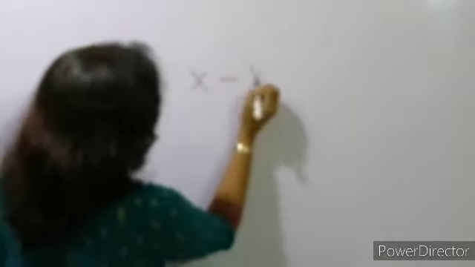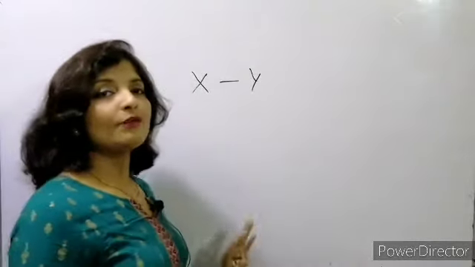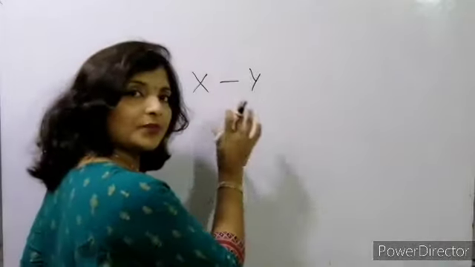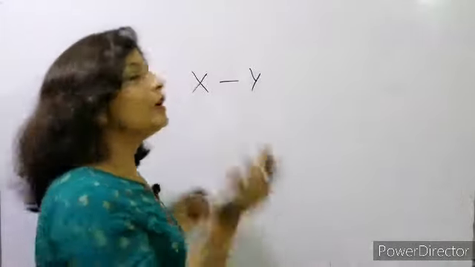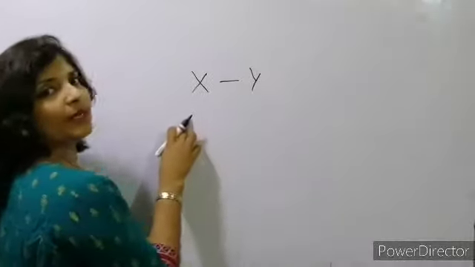There is another method of designing an n-bit binary subtractor. That is, we take n adders and invert. Simply I'll show you. X minus y, there are n-bit binary values. So we have to subtract the n-bit binary value y. Subtractor means we have to subtract an n-bit binary value from another n-bit binary value.